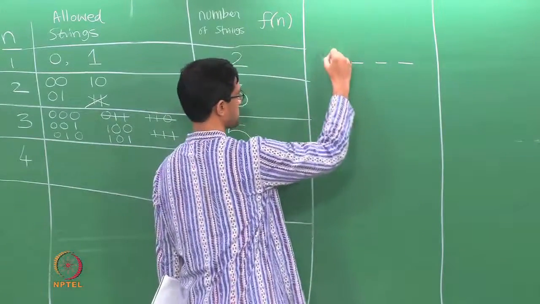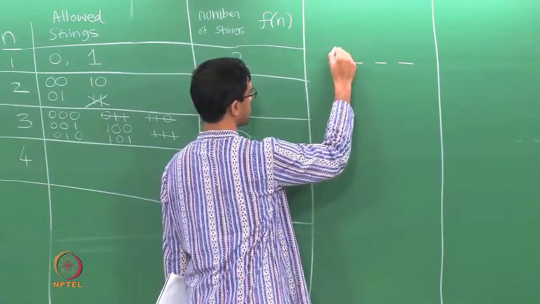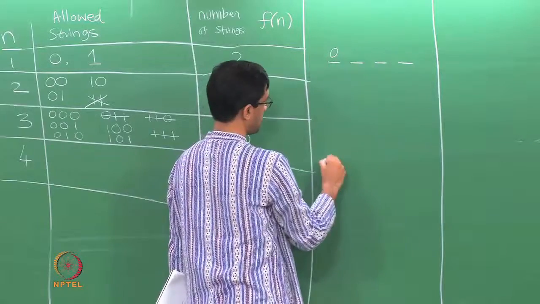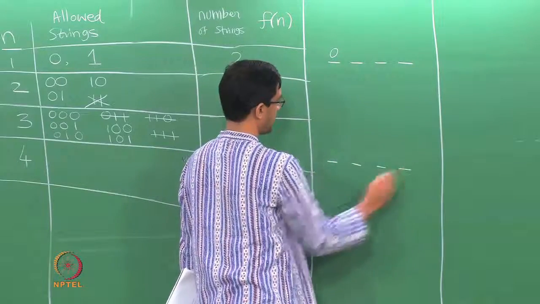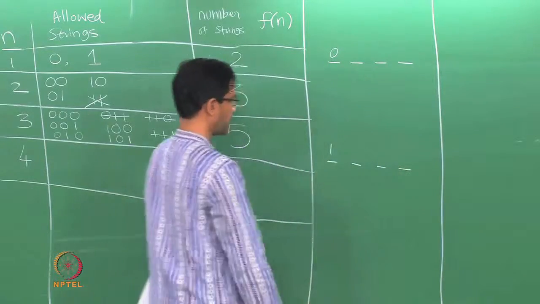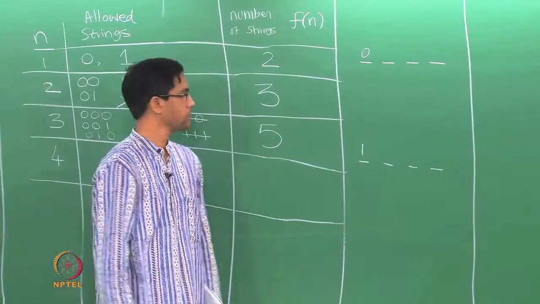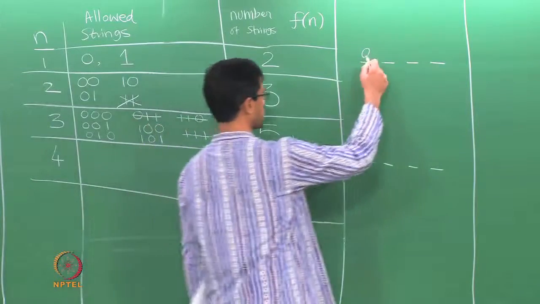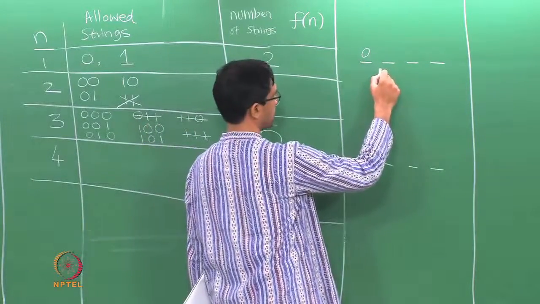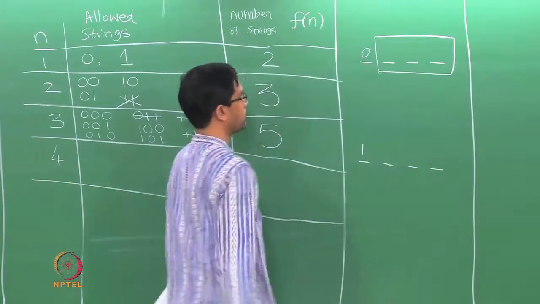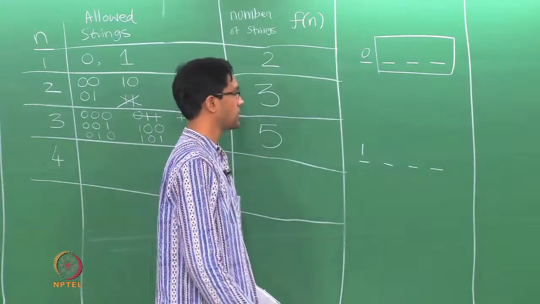Of course the very first entry in the string is either a 0 or a 1. So there is a bunch of strings which start with a 0, and then here is the other possibility. So let me write down case 1 and case 2, strings which start with a 0 and strings which start with a 1.